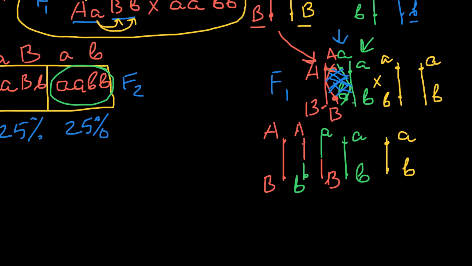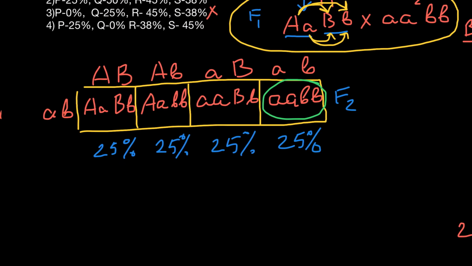And the genotypes are as follows: capital A, capital B; capital A, small b; small a, capital B; and small a, small b. And we expect the ratio is going to be 25%, 25%, 25%, and 25%.